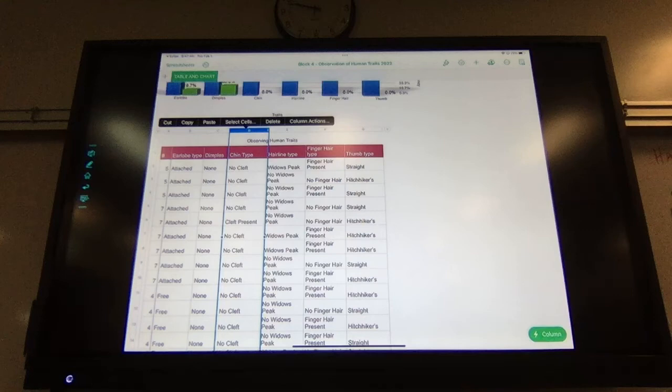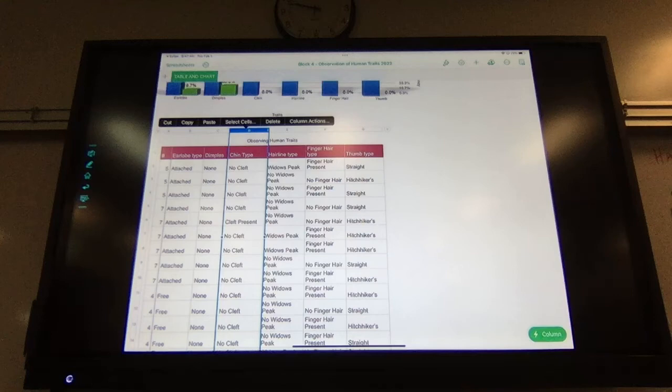Moving down to hairline. Tap on E for that column. Column actions, sort ascending. Quite a few. I'm at row 58.